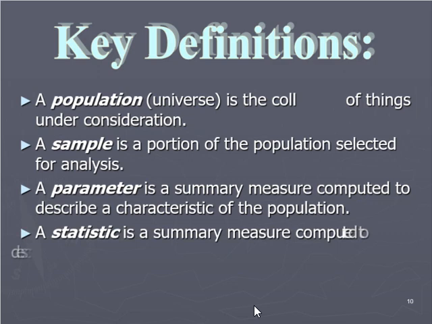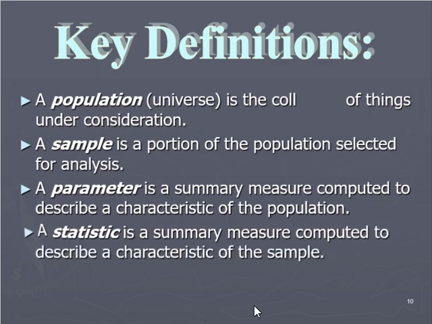And a statistic is a summary measure computed to describe a characteristic of the sample. Sa ano po pinagkaiba? Aside from spelling ng parameter at statistic, a parameter is for the population. A statistic is for the sample.